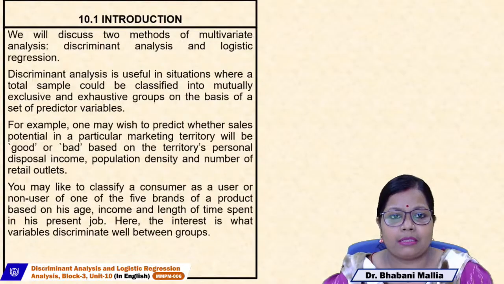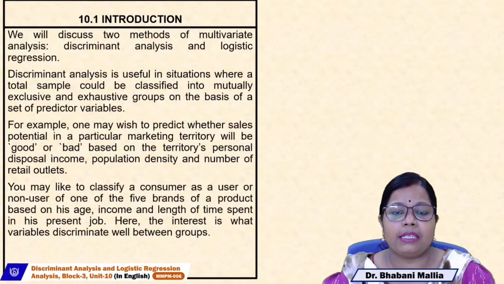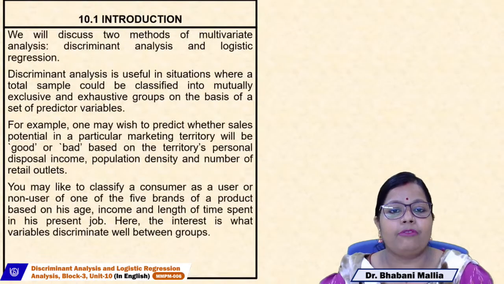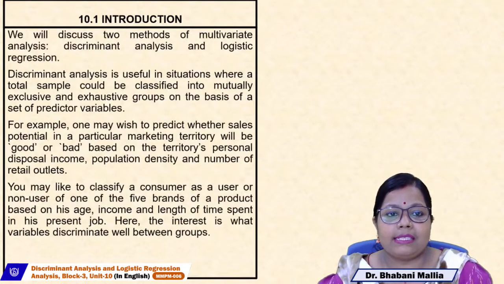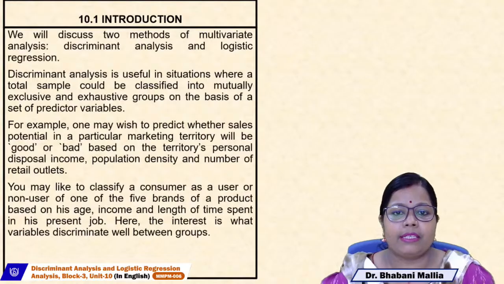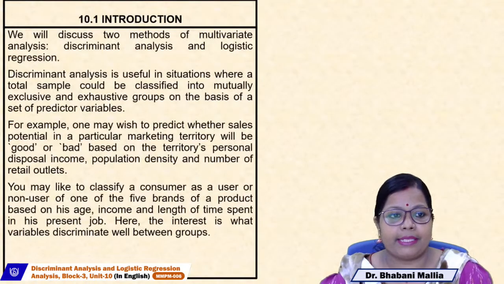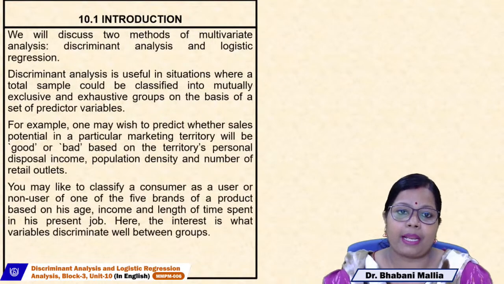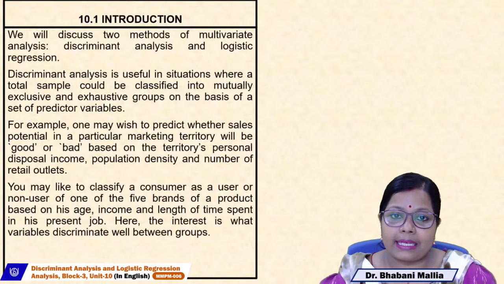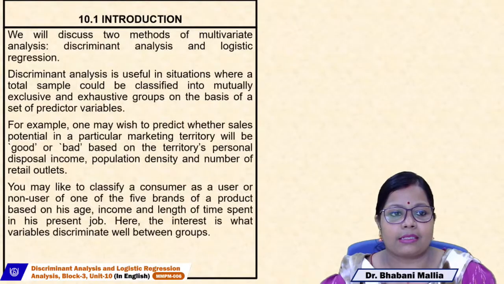The methods of multivariate analysis are of two types. One is discriminant analysis, the second one is logistic regression. In both methods, we have a set of independent variables, and how it is useful and how we will apply it in our marketing research, that we will discuss.